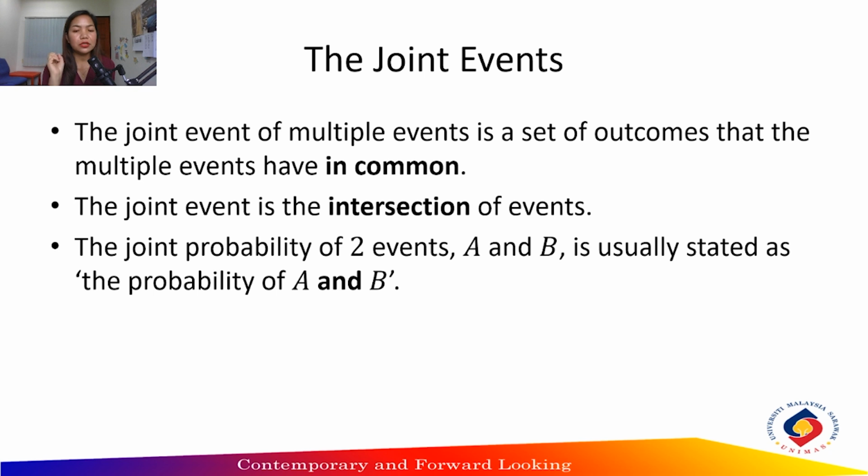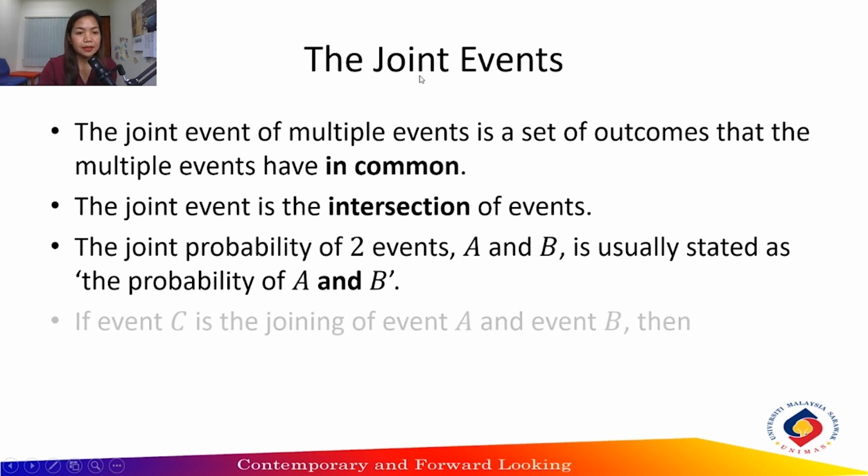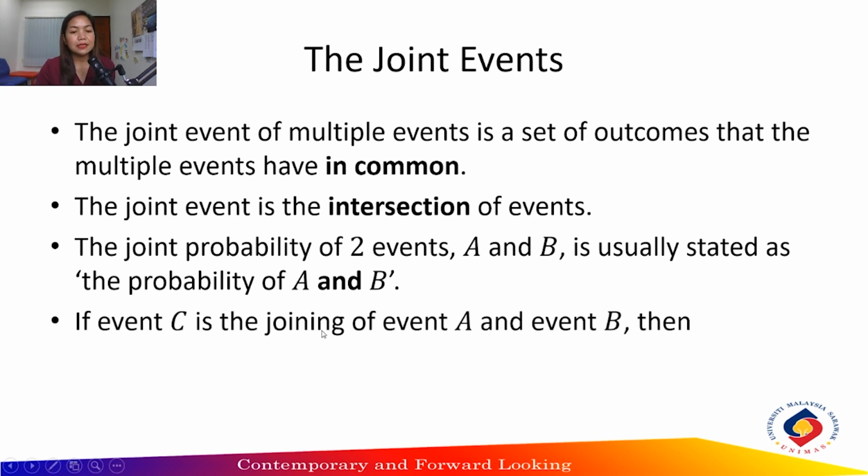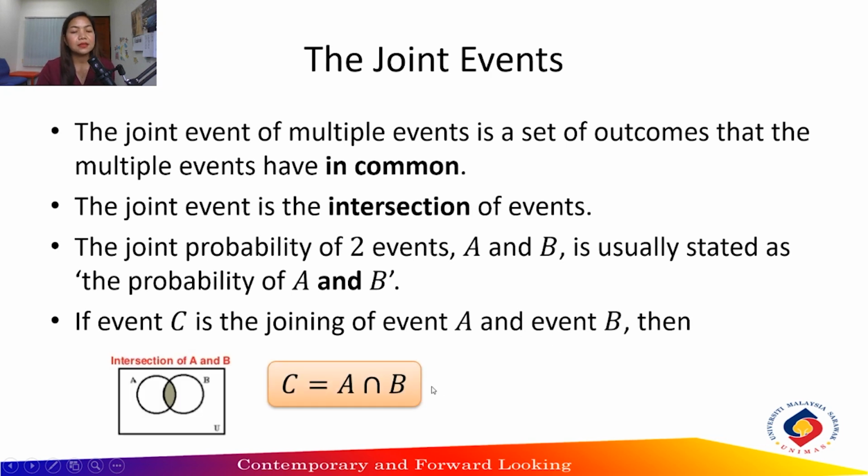If we have these two events A and B, and we want to talk about the joint probability of these two events, we are talking about the probability of A and B. So we use the word "and" to represent the joint event. If event C is the joining of event A and event B, then C is equal to A intersect B.